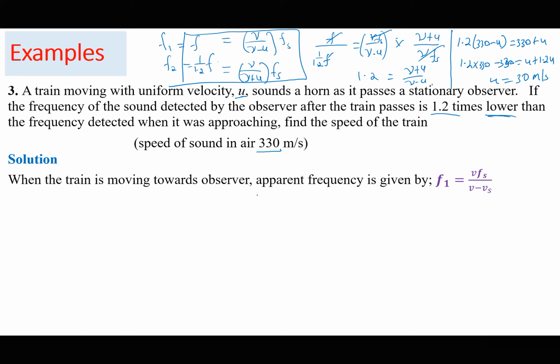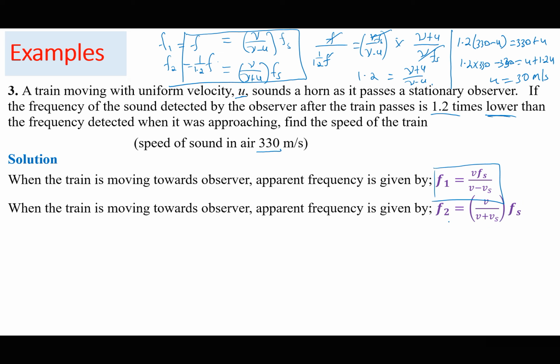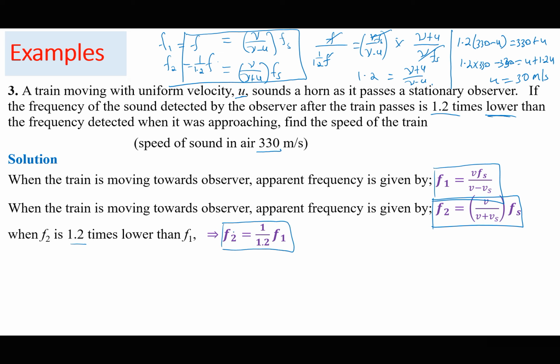So when the train is moving towards the observer, there is going to be a minus, and when it is moving away from the observer, we notice that there is going to be a plus in the denominator. And when F2 is 1.2 times lower than F1, we came up with this equation here. So F2 is 1 over 1.2 times F1. And we just divided the two equations.